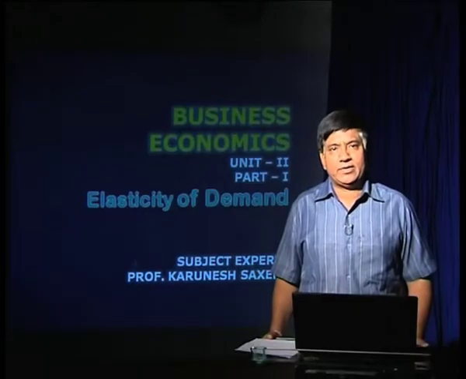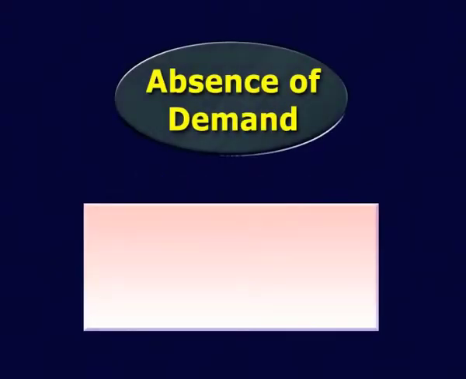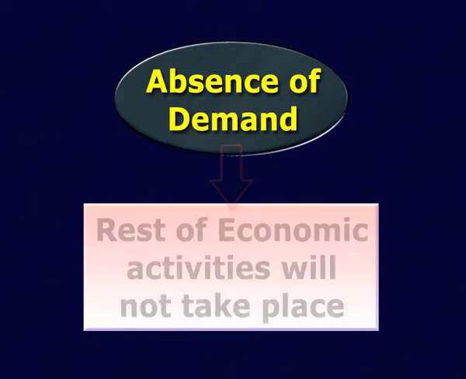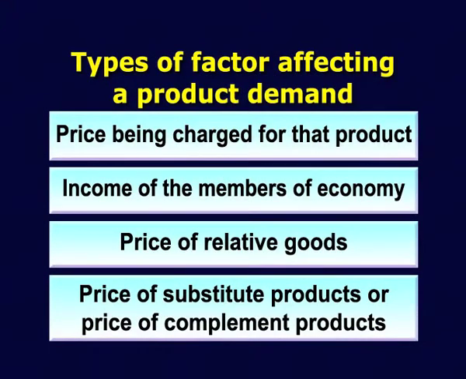So, first of all, when we talk about demand, we find that demand is most fundamental to the subject of business economics, because if demand is not there, then the rest of the economic activities will not take place. Demand of any product, any commodity, depends upon so many factors.